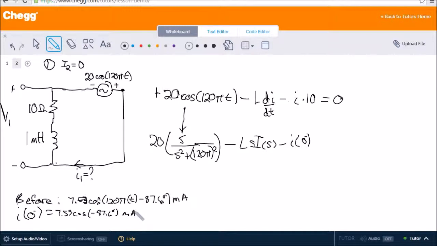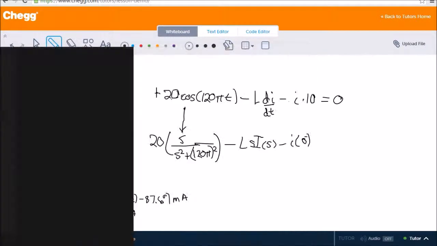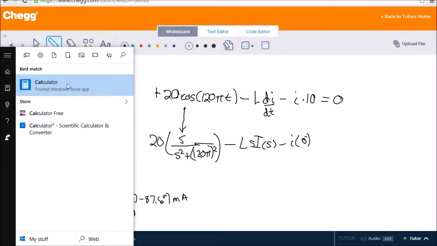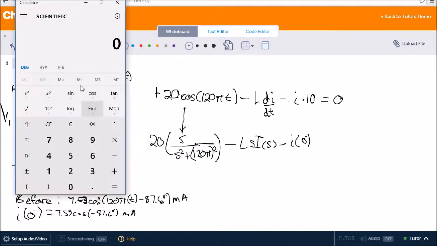So let's get our calculator going. Okay, we're in degrees, so we want to take negative 87.6, take the cosine of that.